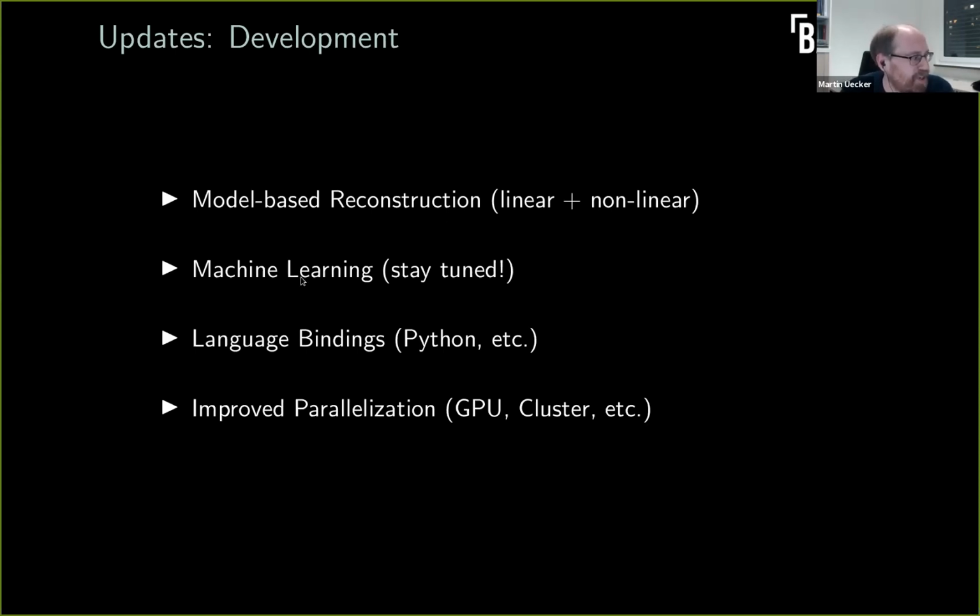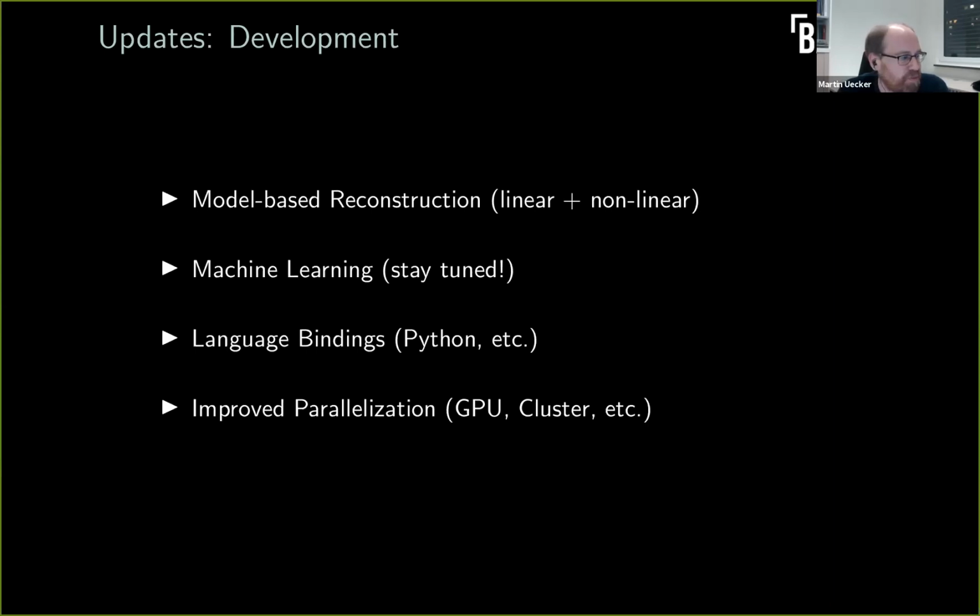We are also working on introducing language bindings, especially for Python, but hopefully also for other languages, because we know that a lot of BART users actually use BART from these other environments. So this will hopefully see some better support. The fourth area we are working on is improved parallelization using graphical processing units.